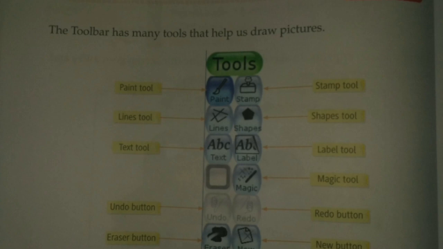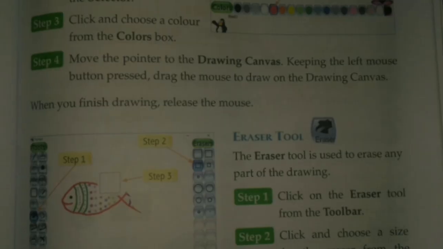Okay, so many tools are there: stamp tool, shape tools, label tool, magic tool, reload button, new button, save button, quit button. Next side, print button, open button, eraser button, undo button, text tool, lines tool, paint tool. So there are a lot of tools, and you have to study which tools are there.